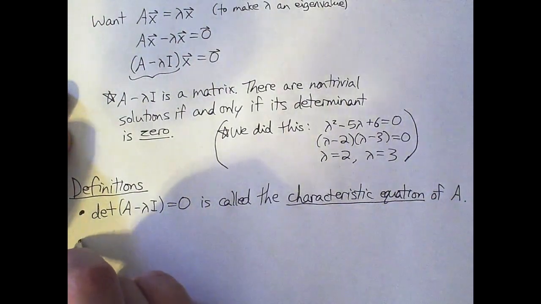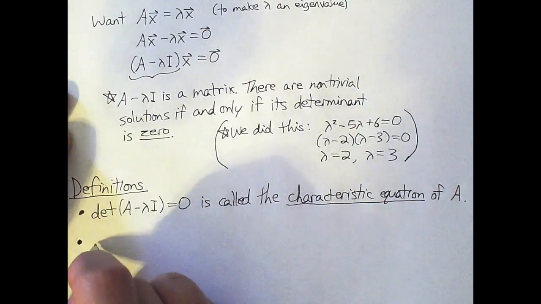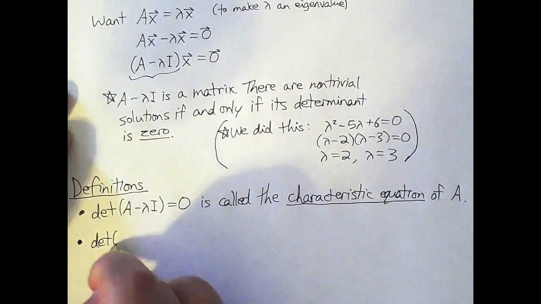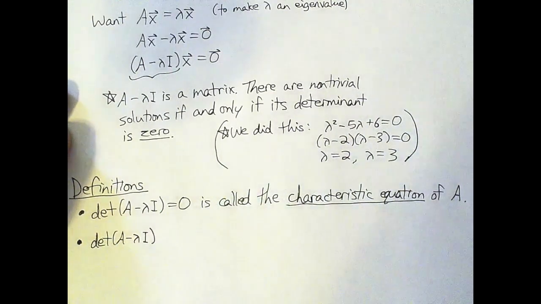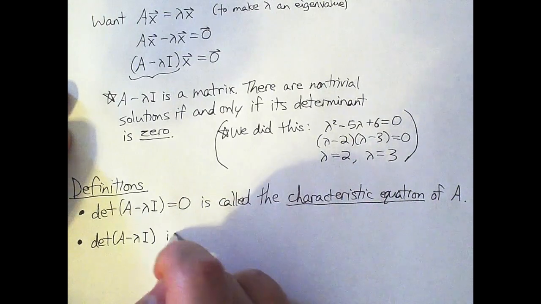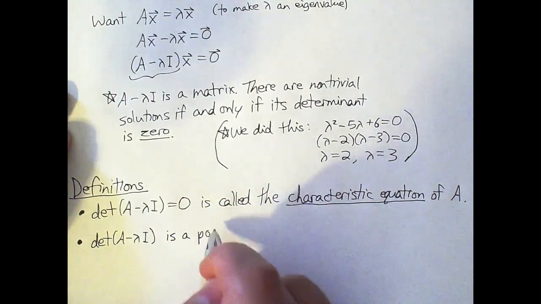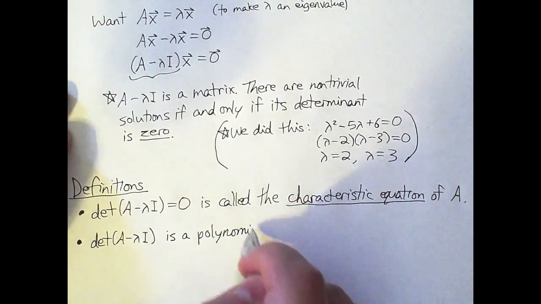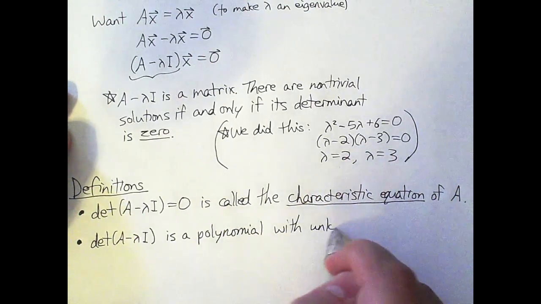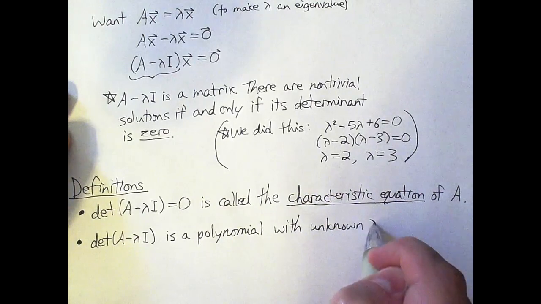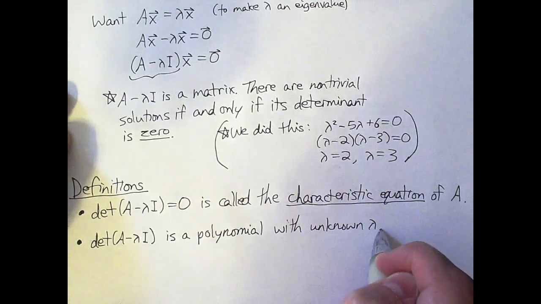Let's see. The left-hand side of this equation also has a name. Just the left-hand side by itself is a polynomial with unknown lambda. That's usually what we're trying to solve for, right?